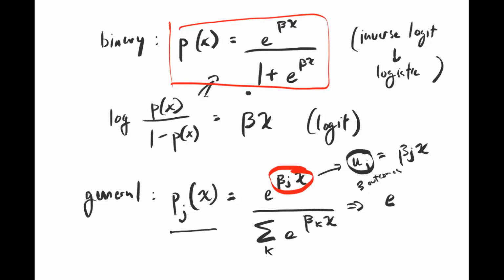So this would be the exponentiated utility of the first outcome, and then in the denominator, it would be the sum of each of the outcomes. So the probability that I get outcome one is essentially the utility of that first one divided by the sum of all of the utilities.